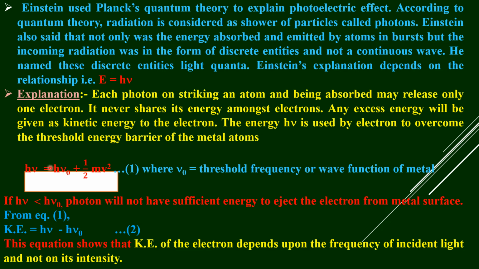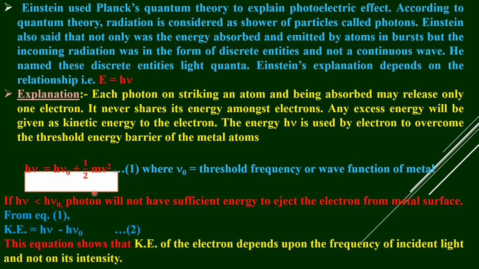If h nu is less than h nu naught, then the photon will not have sufficient energy to eject the electron from the metal surface, because nu naught is the threshold frequency, and as we discussed in the characteristics, the minimum energy requirement is the threshold frequency.